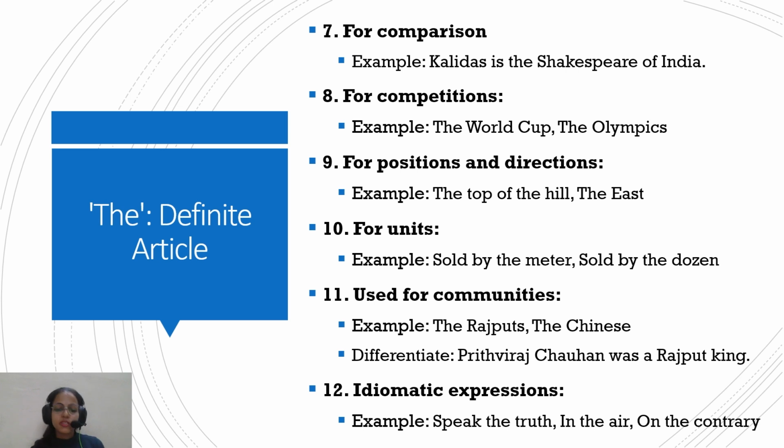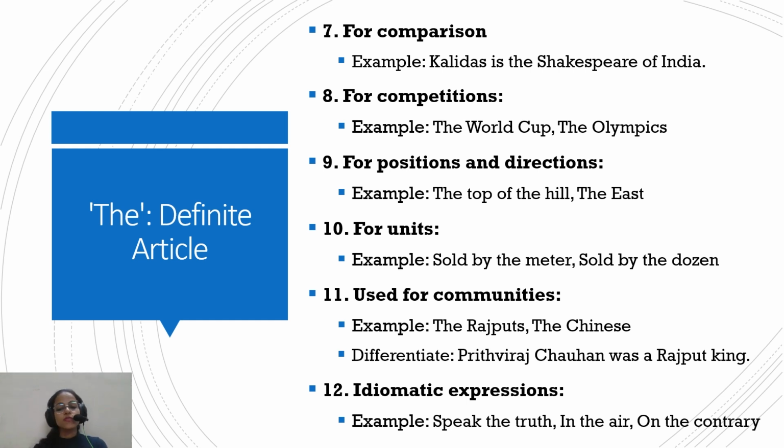Used for communities. If you're talking about communities, you use the definite article the. So, the Rajputs ruled in the western part of India. You say the Rajputs. But you can also say Prithviraj Chauhan was a Rajput king. Here you say a. We are referring to Prithviraj Chauhan specifically, but a Rajput king means that he was one of the many Rajput kings.